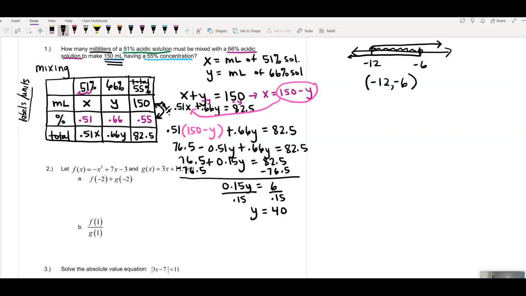All right, so 40 what? So if you came up with 40, make sure you don't just stop there. You've got to put your label on it. So 40 what? What did we find?